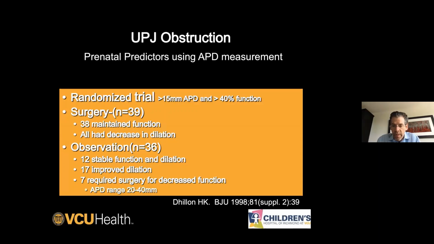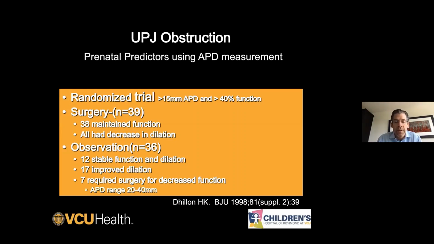Now, for the junior residents on this Zoom or presentation, the conventional wisdom is that if you operate on kidney dilation with respect to kidney function, you're not going to improve function. You're basically going to stabilize function. So it's not a conviction that we feel that if the kidney is decreasing function, you're going to operate, it's going to go back up. That's not something that we believe happens.